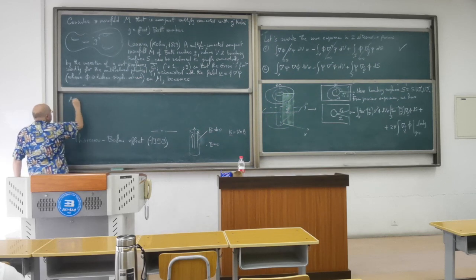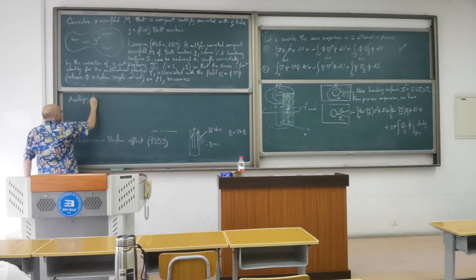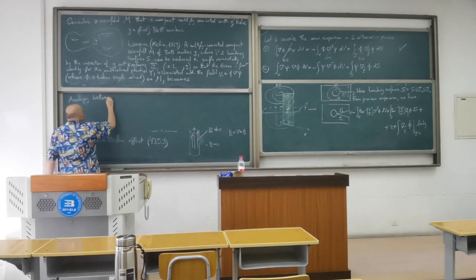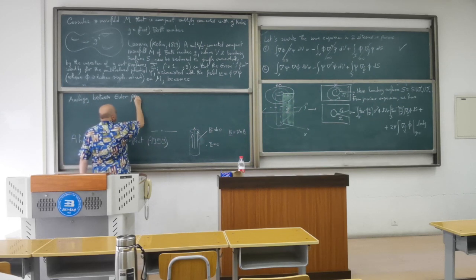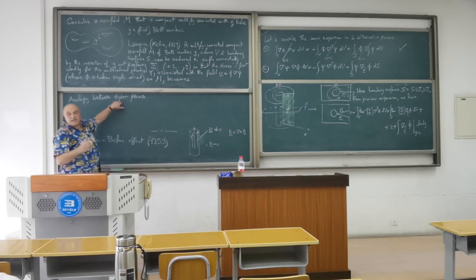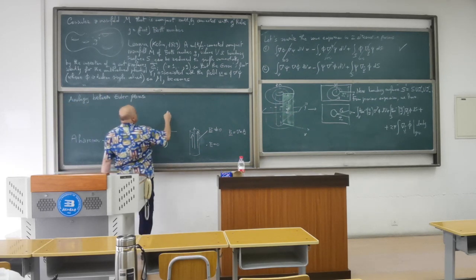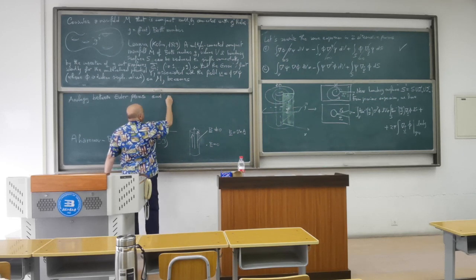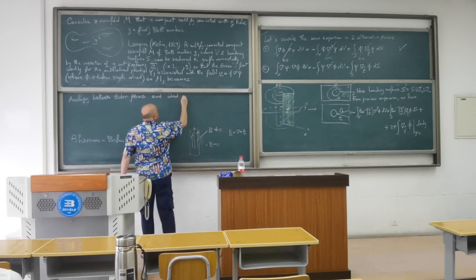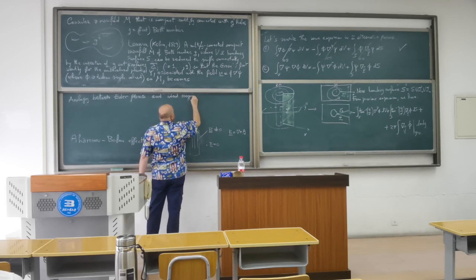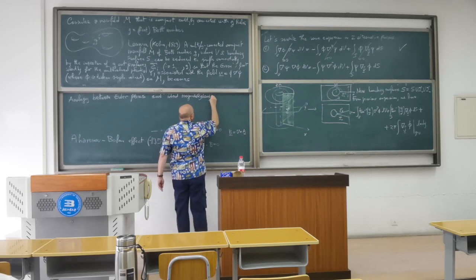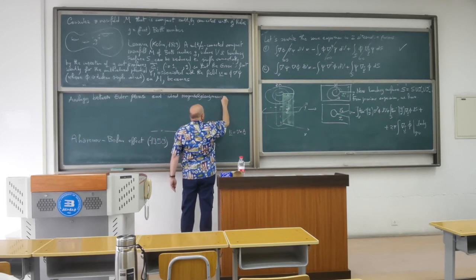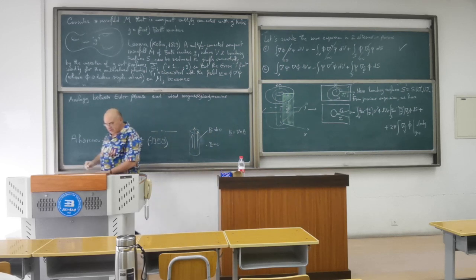The analogy is between Euler flows, ideal, inviscid, eventually incompressible, etc., and what we call ideal magnetohydrodynamics. And this analogy goes like this.